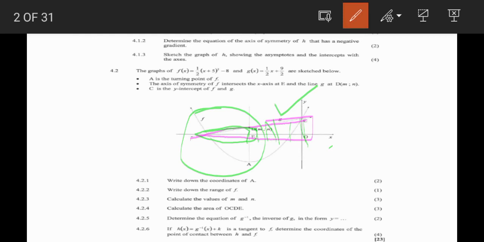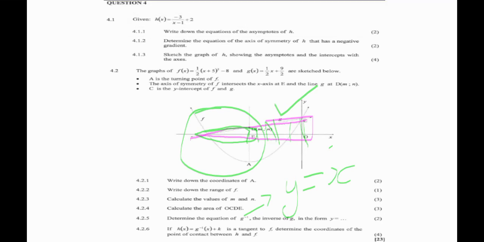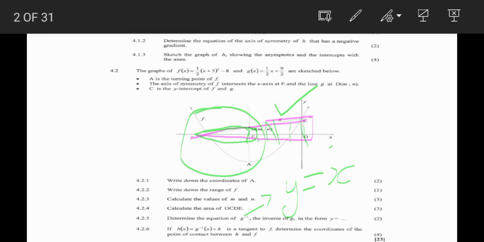But remember, whenever they say calculate the inverse, we know that the inverse is more like a reflection of this graph g of x in the line y equals x. So whenever they say the inverse, that's what you should think of. This is a reflection of the graph in the line y equals x.